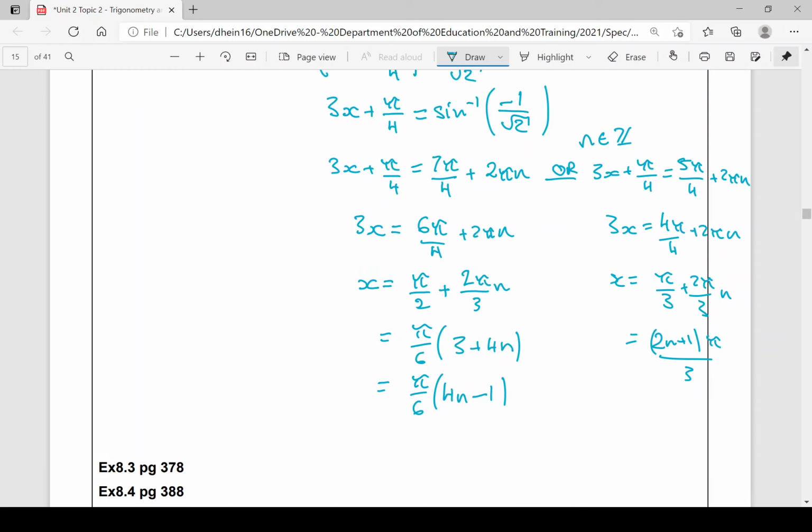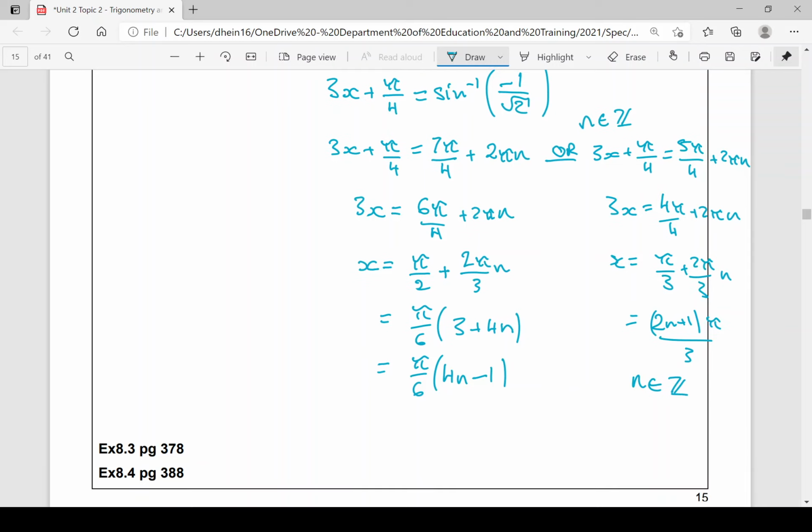And that will give us the answer of pi on 6 times 4n minus 1, or 2n plus 1 pi on 3. Don't forget to also reintroduce the fact that n is an integer. So two sets of infinite number of solutions, depending on what value of n you choose.